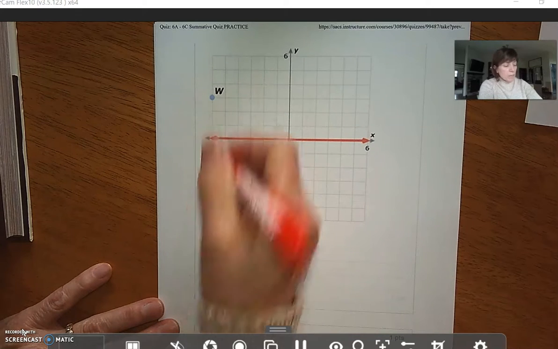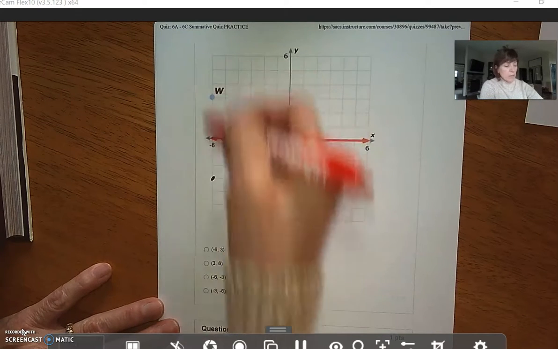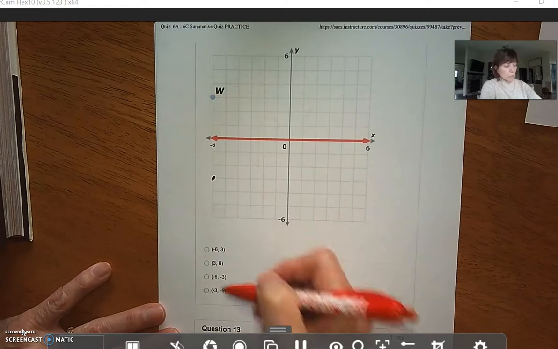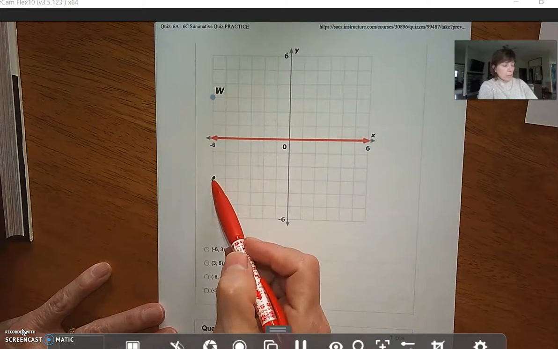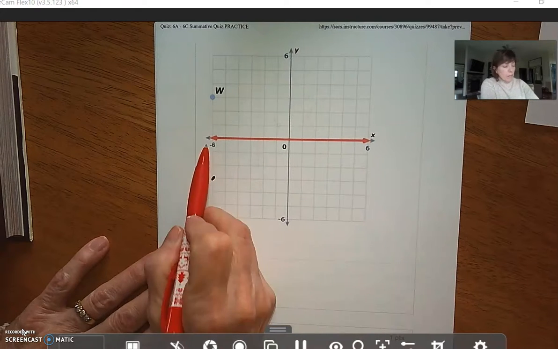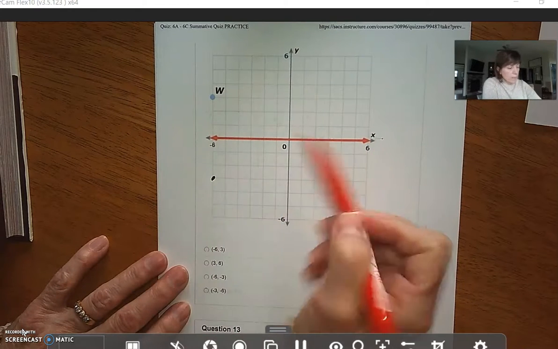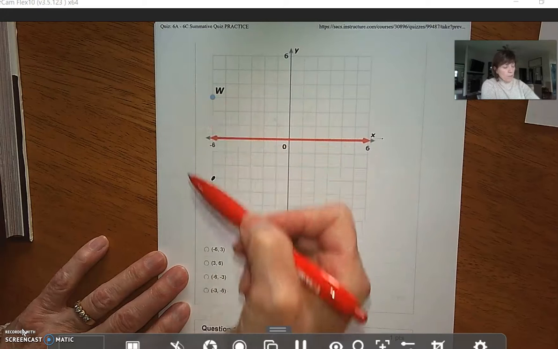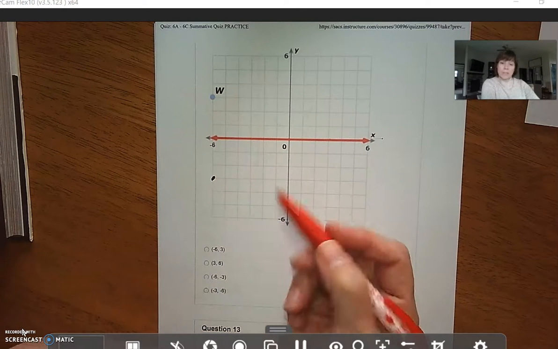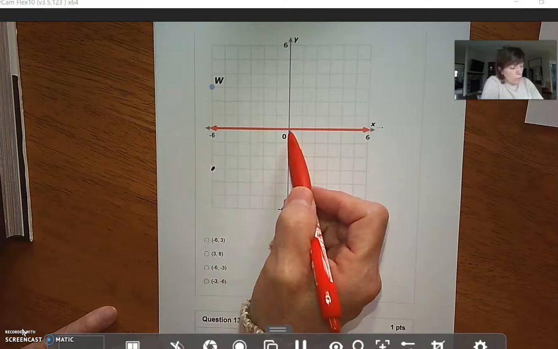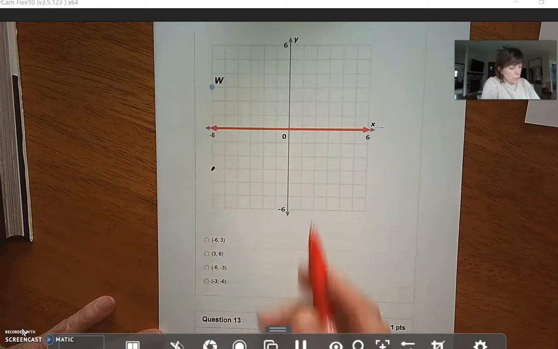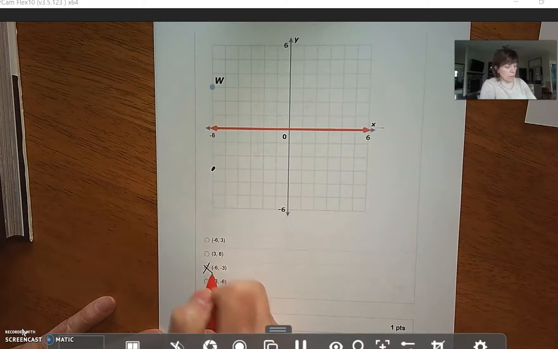So right along -6, right along the same coordinate here on the vertical, we're going to go down the same amount of spaces that we went up. So this is the reflection. If I folded it on this line, this point and this point would fall on top of each other. There's symmetry there. They're symmetrical. And so the point we're looking for then is -6, -1, 2, 3. So we want -6, -3.